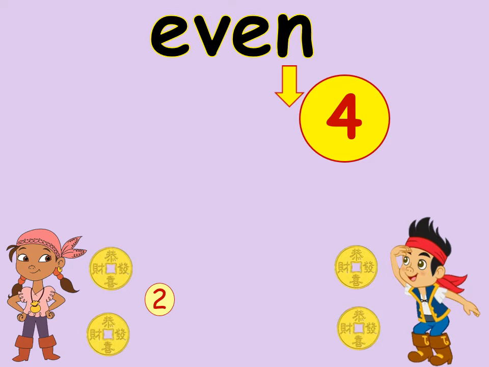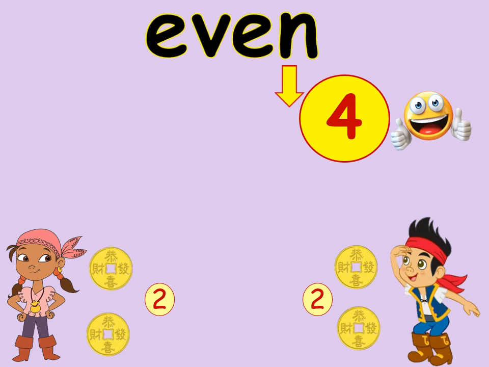And if we count what the boy has, he has 1, 2, 2 coins. So the girl got 2 coins, and the boy got 2 coins. So that means 4 is even. We can share them and be fair when we share. So it's even. Excellent. Good job.